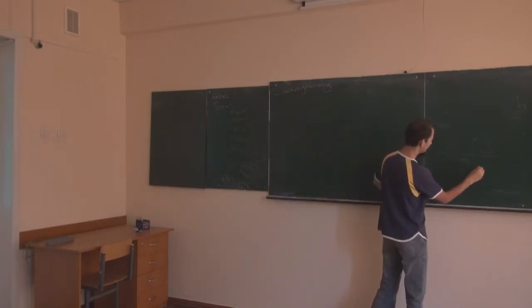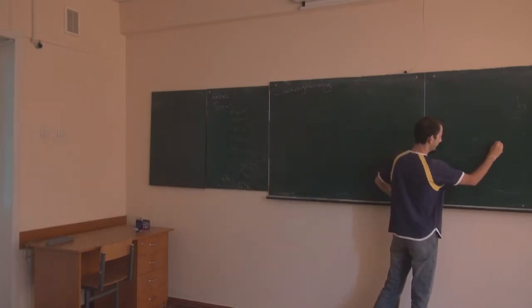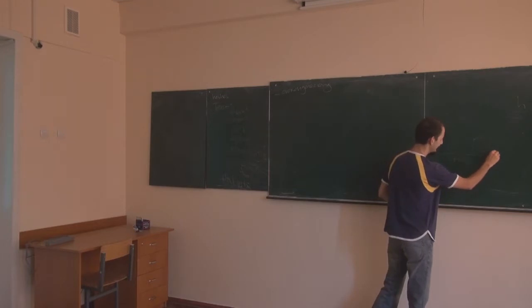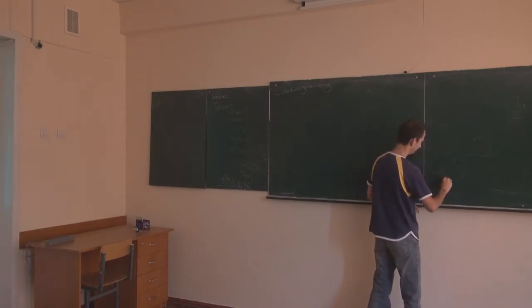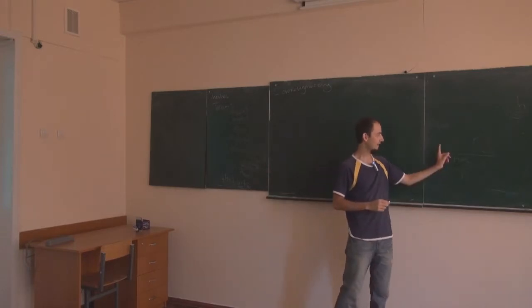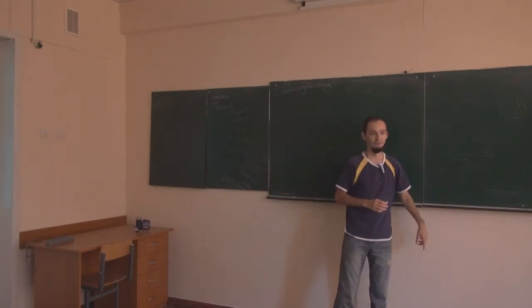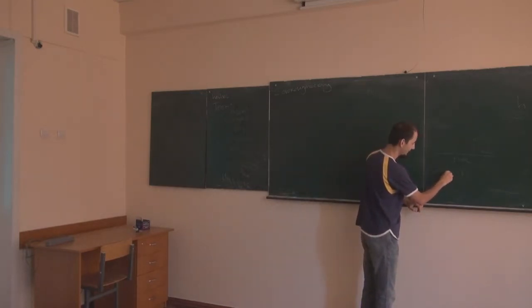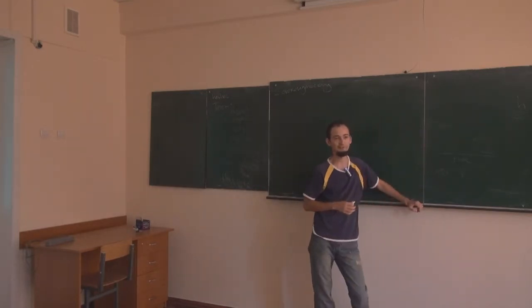So the wing should be able to bend to a certain degree, this way and that way. And let's say that this alpha is equal to x degrees.